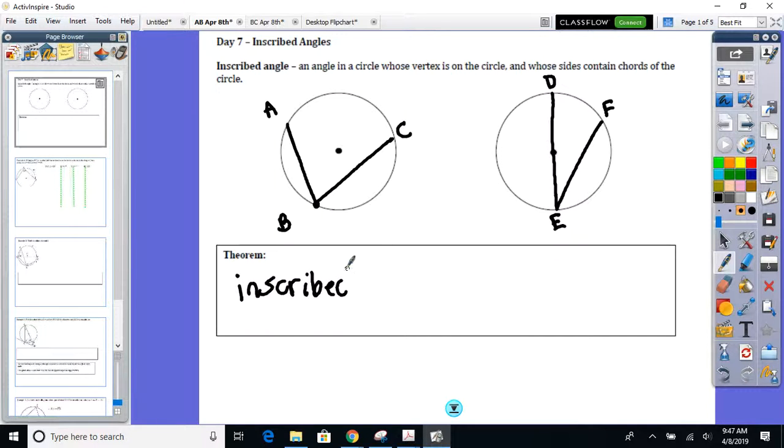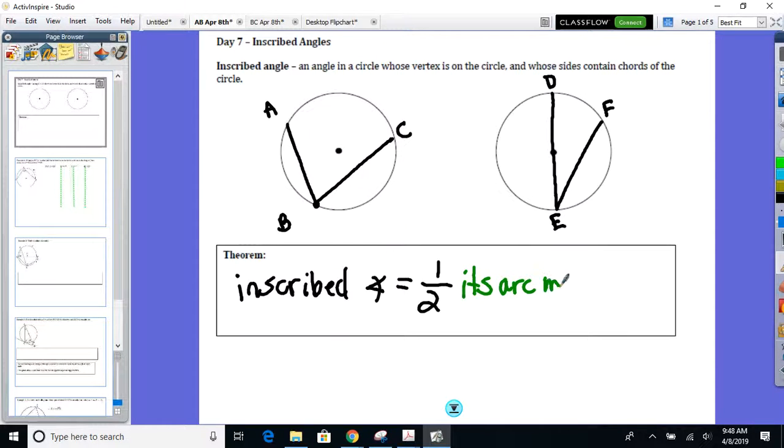It's pretty close, but not exact. Anybody want to take a guess? It's not equal to the arc. Half its arc measure.